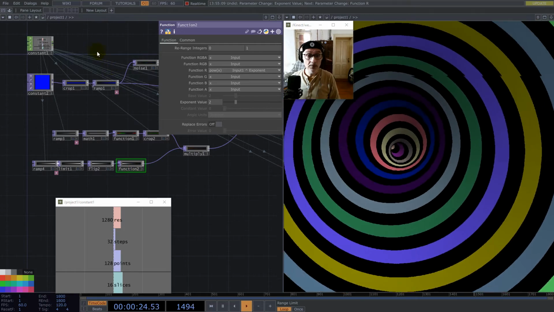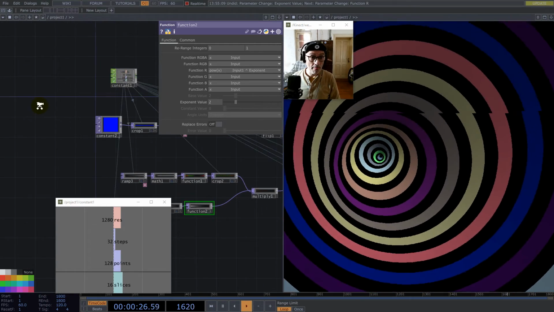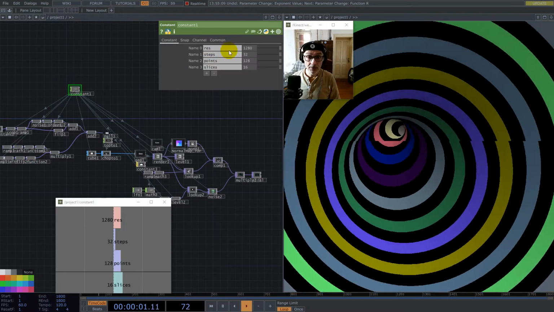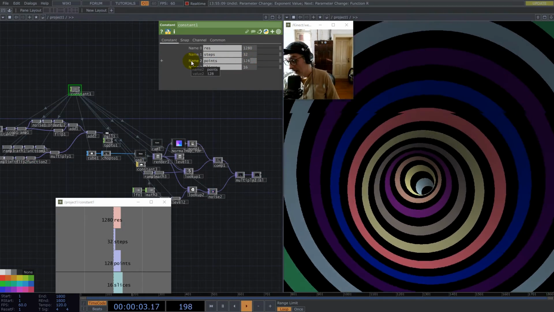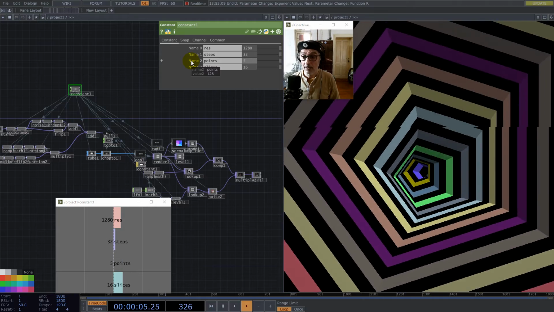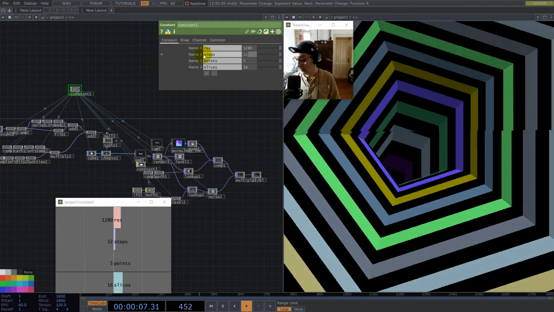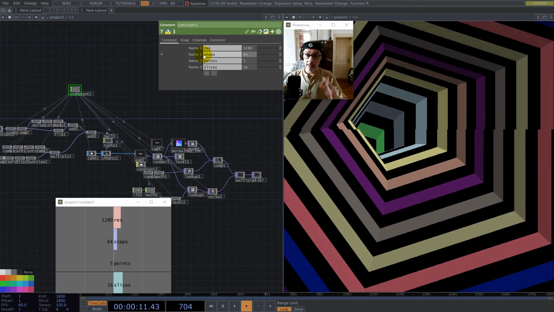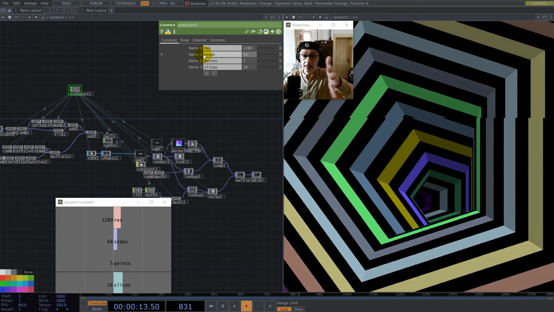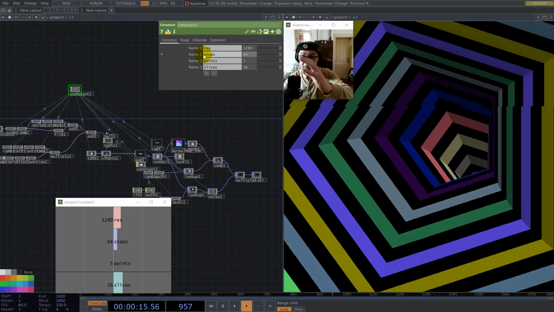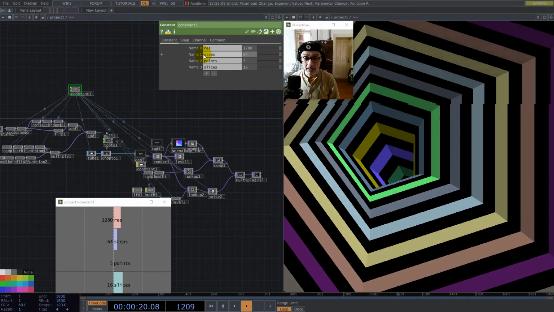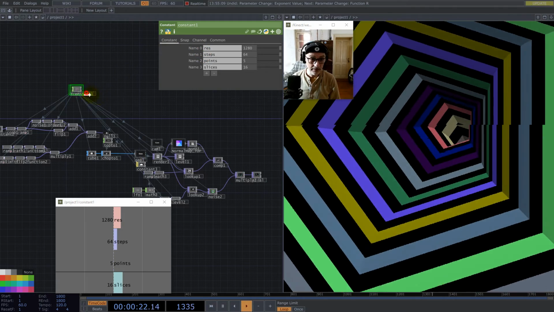And I would like to end this by showing you another thing. Let's go back to 5 edges, okay? And yeah, it's nice that the tunnel is moving, but I would also like to have it rotate in some crazy manner, okay? Some noisy thing, okay?